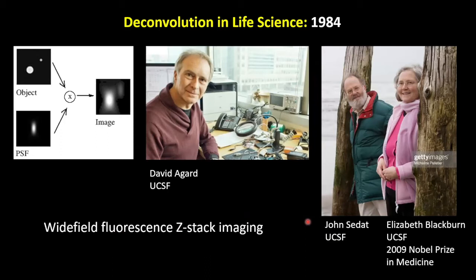I wish to mention John Sedat's wife, Elizabeth Blackburn, who won the Nobel Prize in 2009 in medicine and physiology for the study of telomeres and telomerase. He first introduced this term to life science to solve the problem of widefield fluorescent Z-stack imaging, because at that time in 1984, confocal was not very popular.